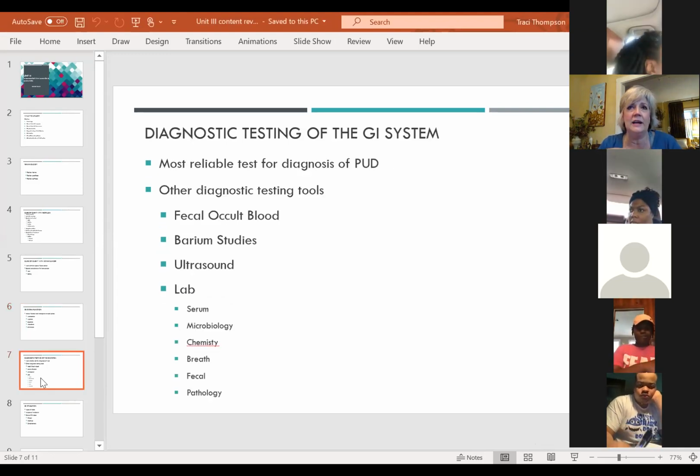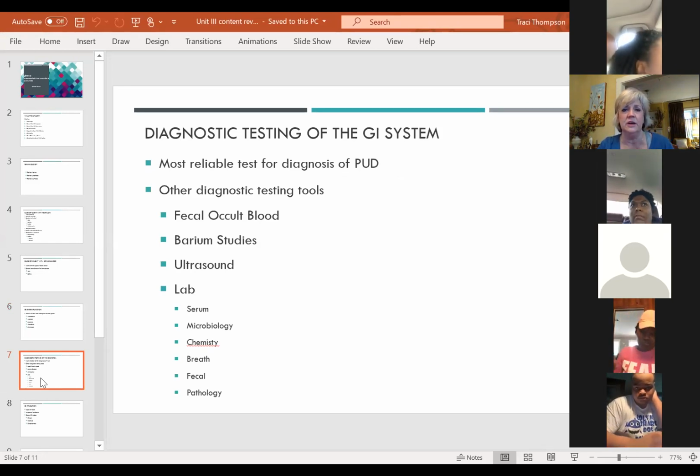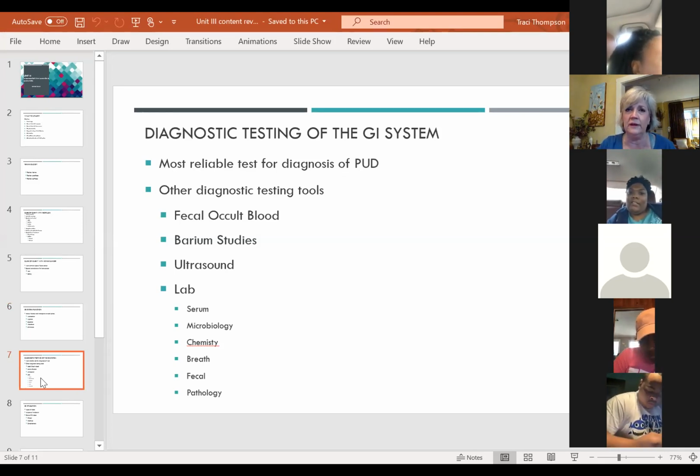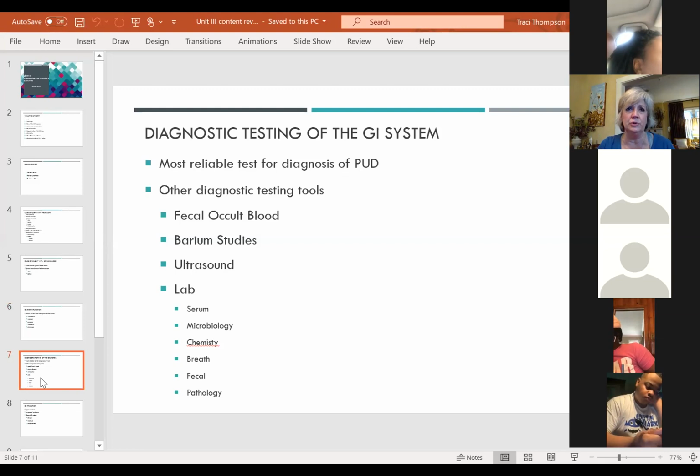Diagnostic testing of the GI: make sure that you know the most reliable test for diagnosing peptic ulcer disease. We all know that's endoscopy, and endoscopy is an upper GI. Other diagnostic tools that we use, fecal occult blood, where we take a specimen from the stool, the feces, and we check it for blood.